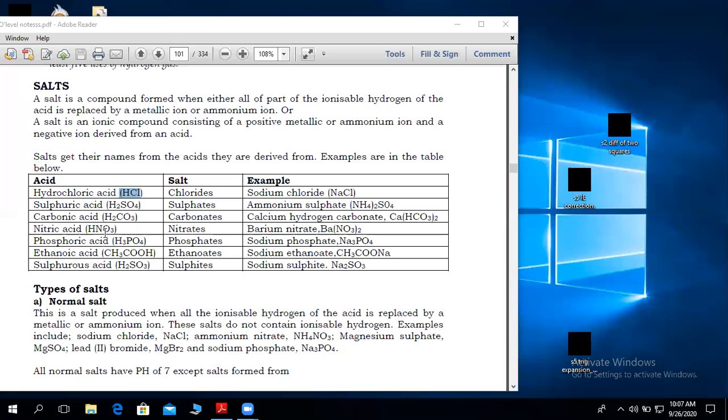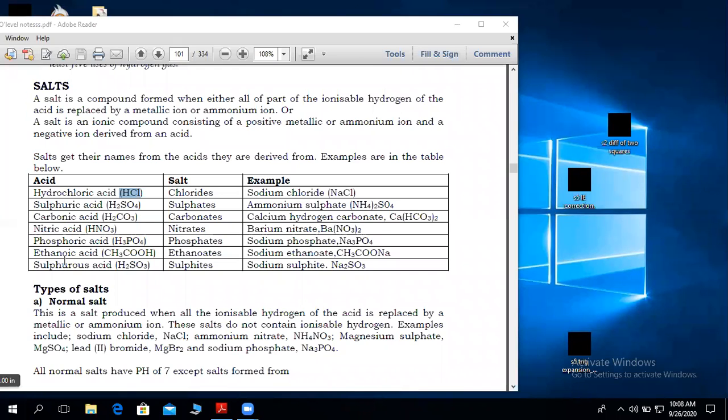Acid salts are formed by acids which have more than one hydrogen. For example, sulfuric acid. Sodium can only replace one hydrogen, and the other hydrogen will remain, and you will form sodium hydrogen sulfate.